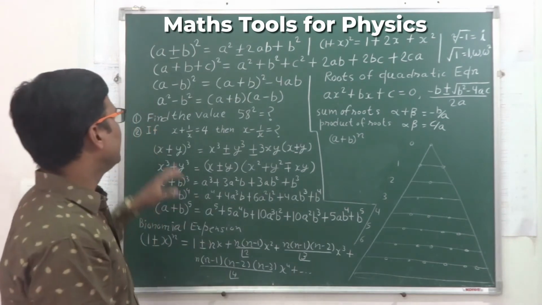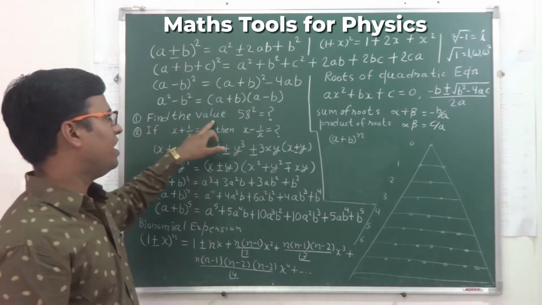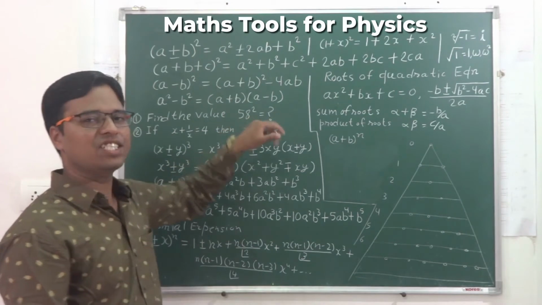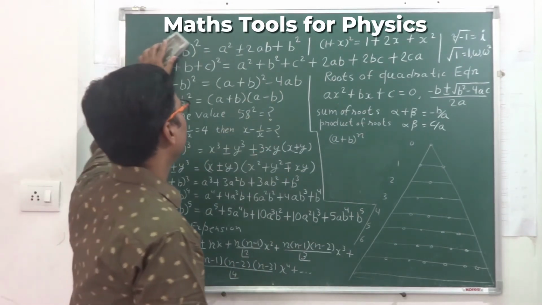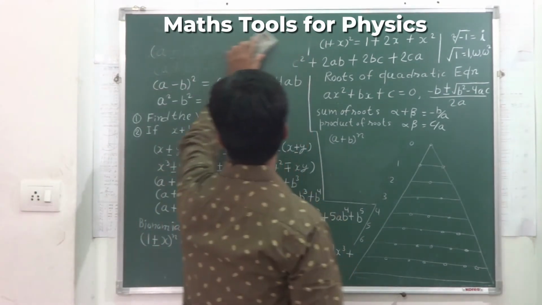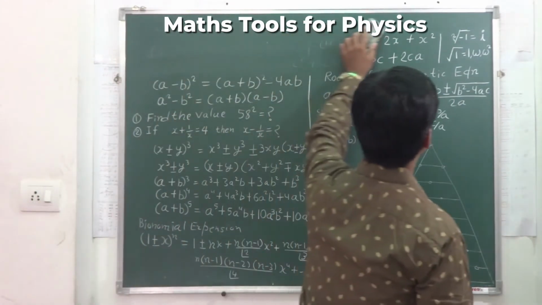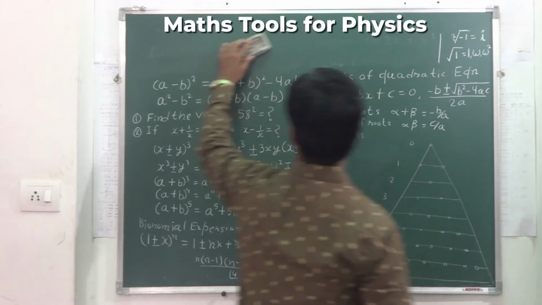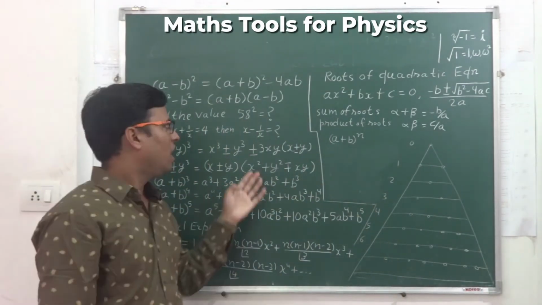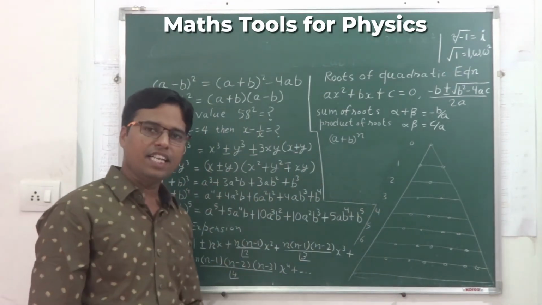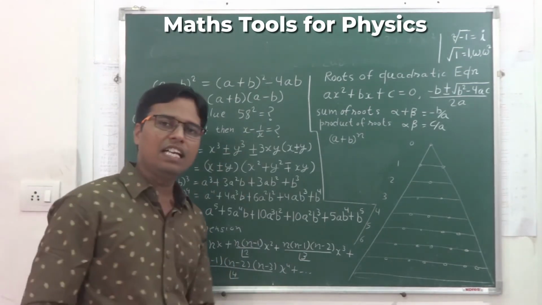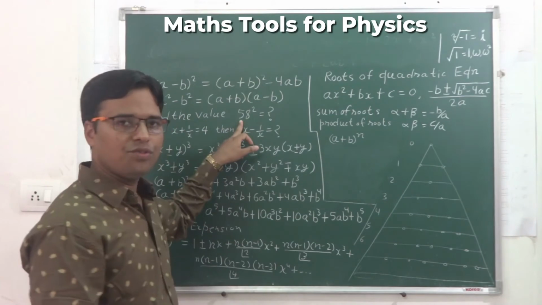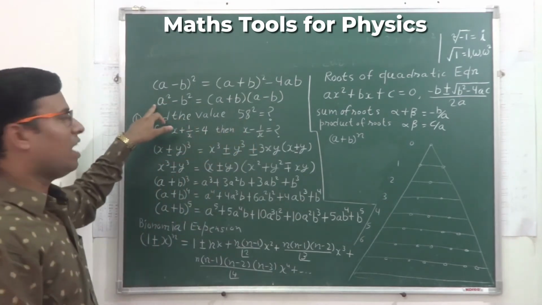I have written here, find the value of 58 square. You can calculate it with the basic mathematical tool, which is multiplication of 58 with 58. How much time will it take? You know it better. I will solve it for you using this formula.